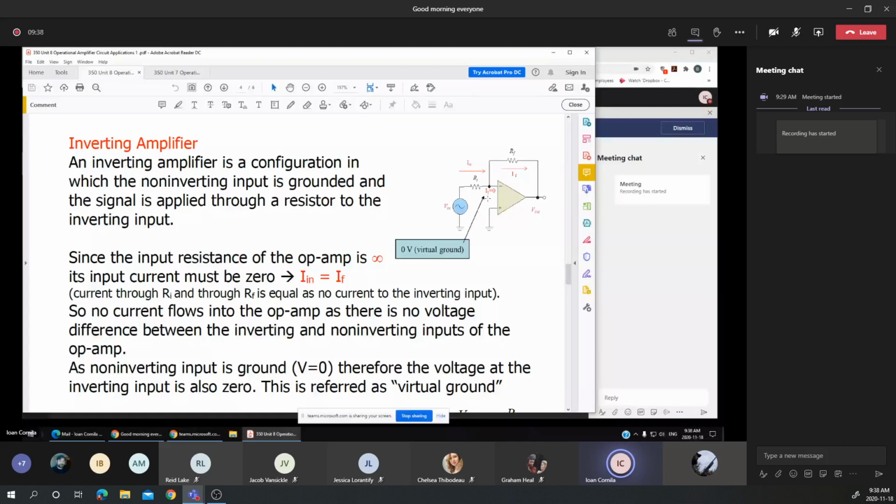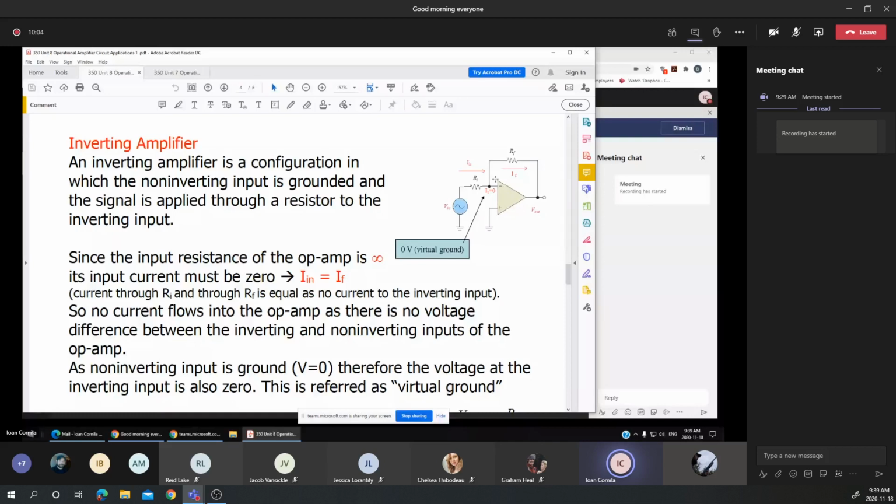Now, before I define the gain for an inverting amplifier, I have to make some observations. You notice that using an op-amp as an inverting amplifier, the input signal, or the Vin, is applied to the inverting input.